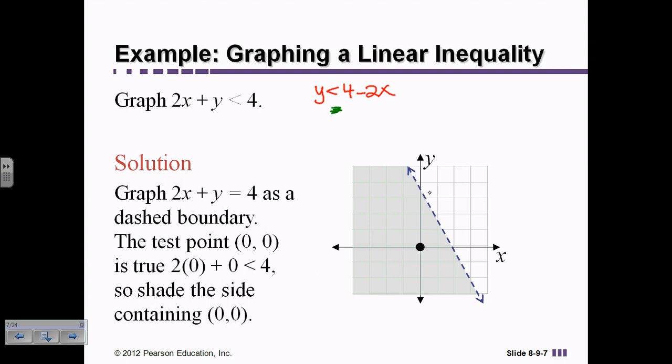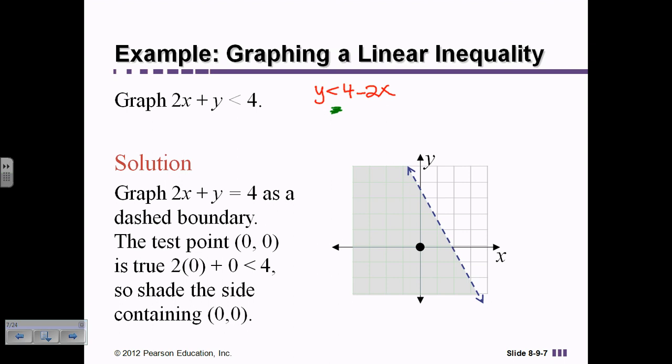I don't have a very good line here. Y-intercept is 4, and the slope is -2, so we're going down 2 over 1, and we have a dotted line because that tells us that it is less than, not less than or equal to.